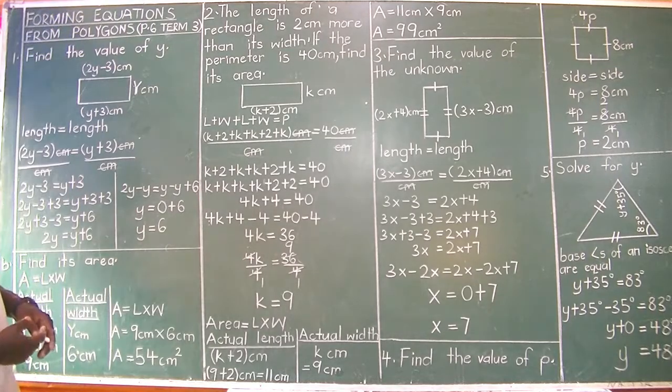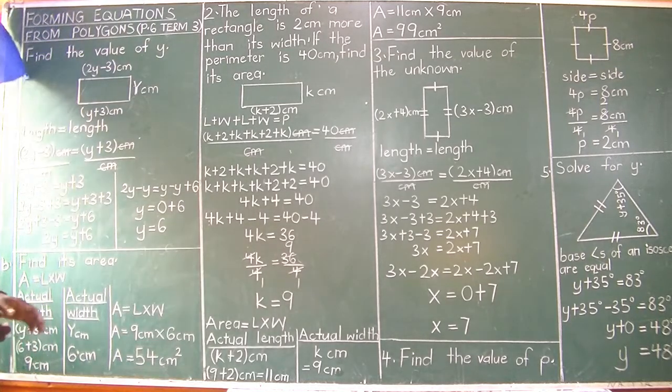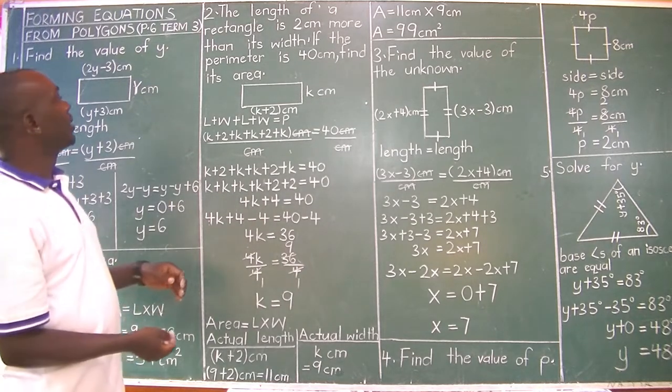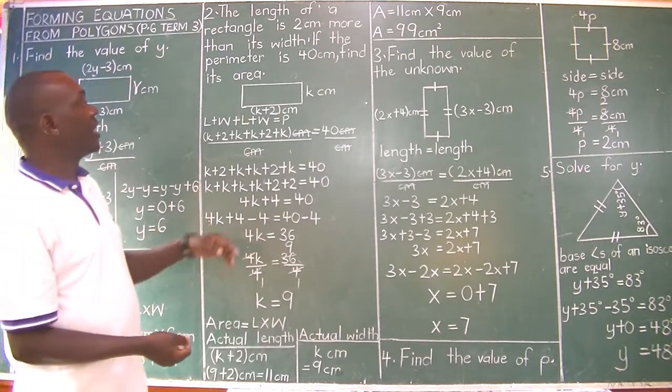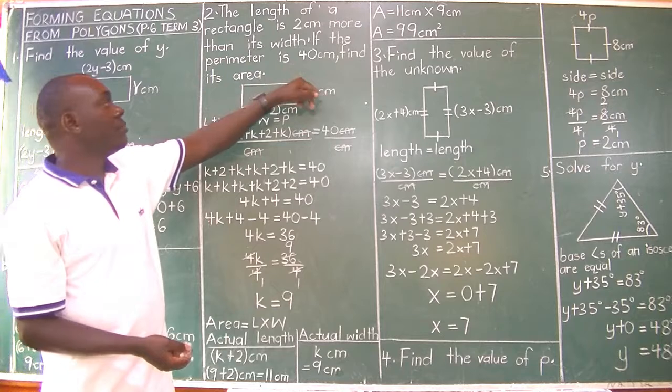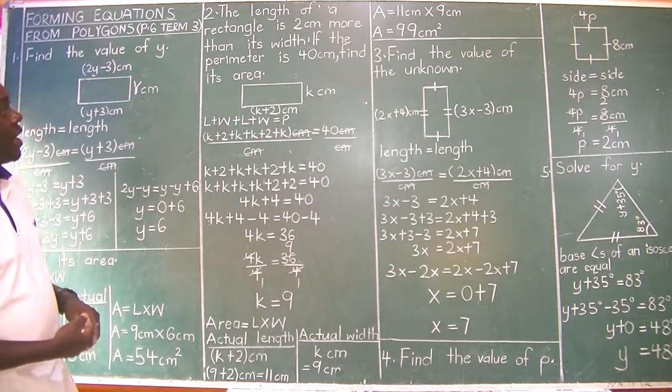And that is it. Now, that introduces us to number 2, where we are given perimeter. The length of a rectangle is 2 centimeters more than its width. If the perimeter is 40 centimeters, find its area.